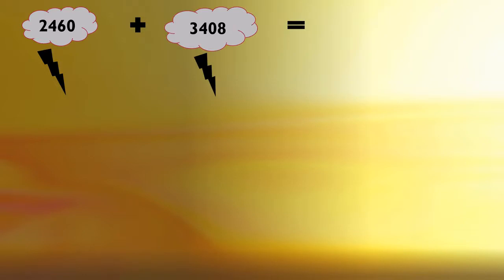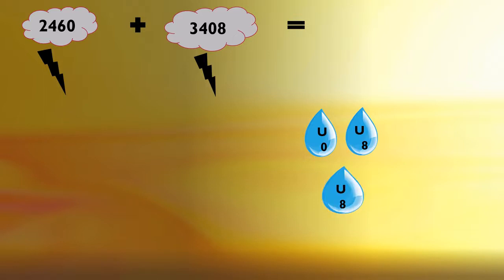Let us arrange horizontally the numbers 2460 plus 3408. Let us club the numbers in the units place first, and we have 0 units plus 8 units, which gives us 8 units.